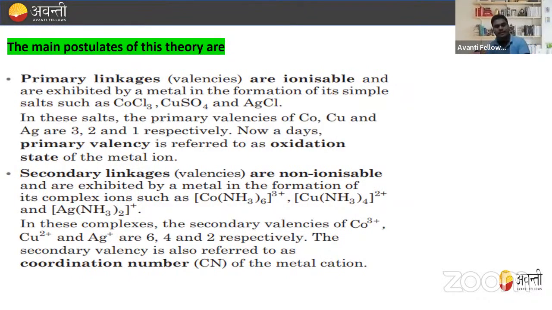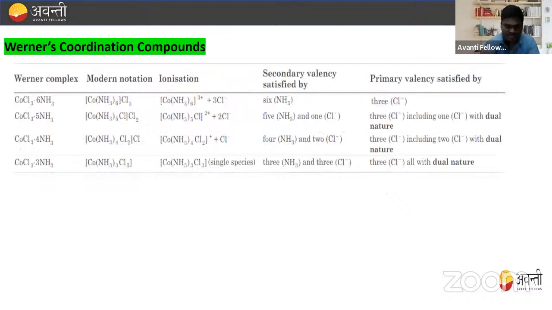In these complexes, the secondary valency of Co3+, Cu2+, and Ag+ are 6, 4, and 2 respectively. The secondary valency is also referred to as the coordination number of the metal. So we can remember it like this: primary valency represents the oxidation state, whereas secondary valency represents the coordination number.